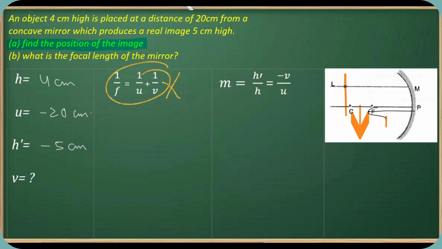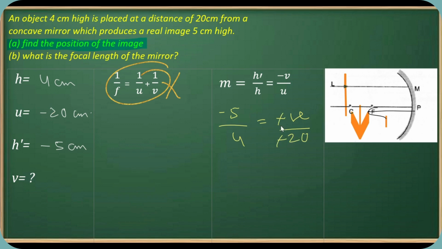So if I plug in what we have, h dash is negative 5. So I'll write negative 5 over h, and h is 4 centimeters, equals how much is v? Well, v is what we have to get. So I'll write negative v as it is, and the distance of the object u, that is minus 20.